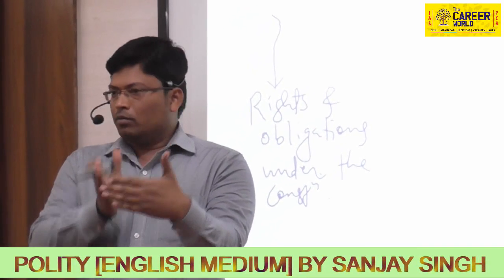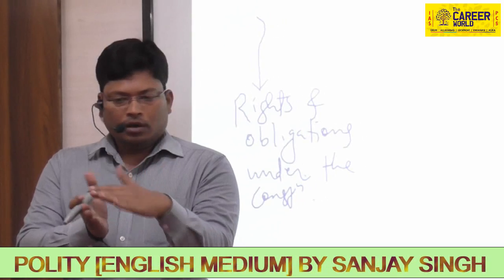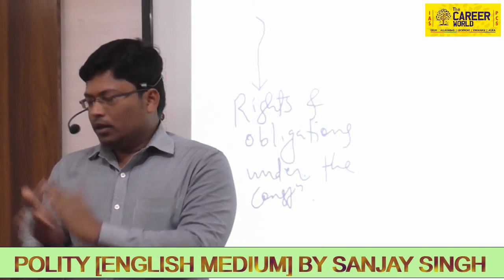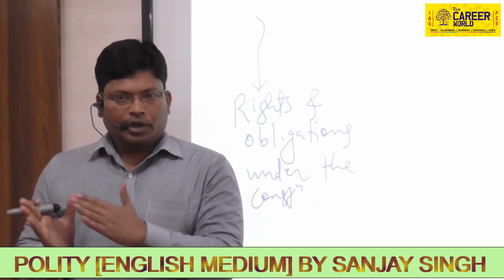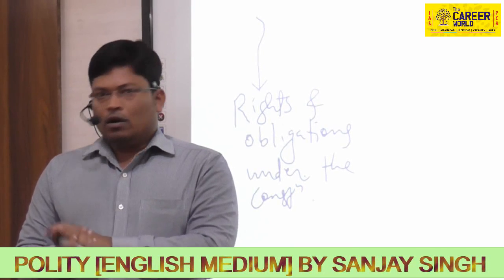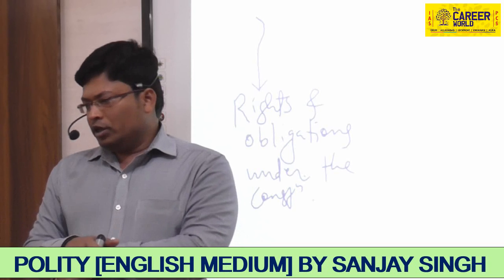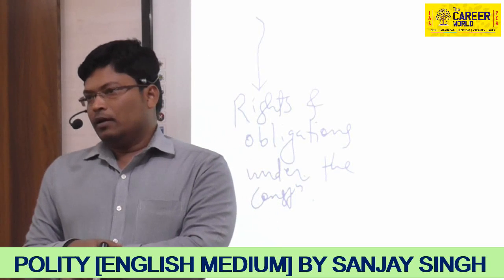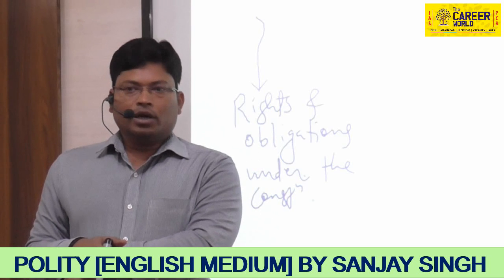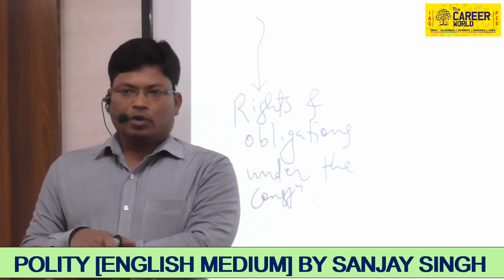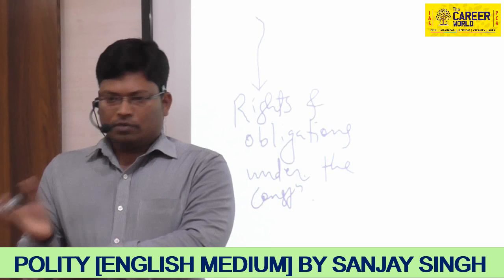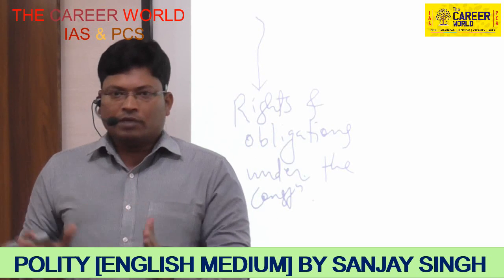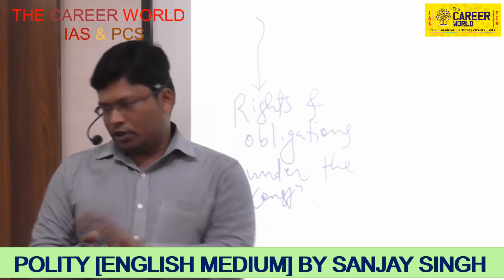One chunk is the obligation to be shown from the side of the state, that is the government, and the other from the side of the individuals. The obligation from the side of the government is called the directive principles of state policy, that is DPSPs, while the other is called fundamental duties, which were later incorporated in our Constitution just beside the chapter of directive principles of state policy.